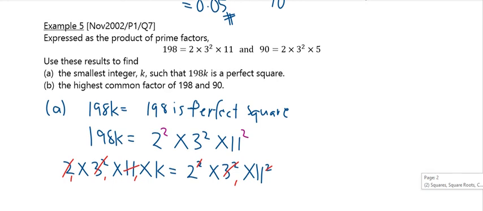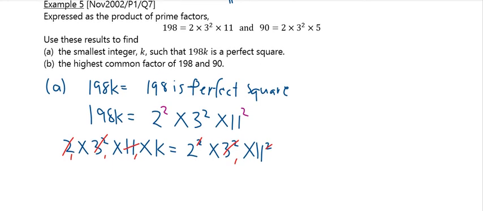So there you have it. You will have k equals 2 times 1, no need to write 1, so 2 times 1 times 11. So k is 22. That's the smallest integer that you can find to make 198 times k a perfect square, right? You can check it yourself by your calculator.